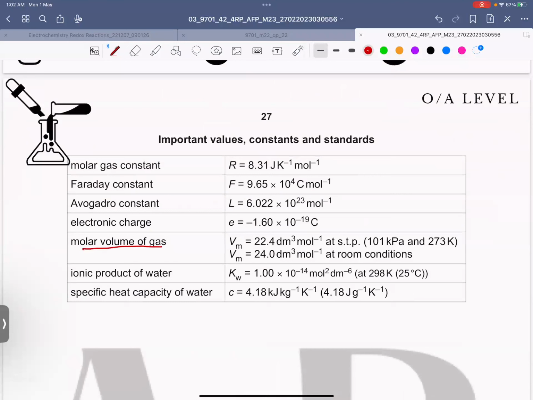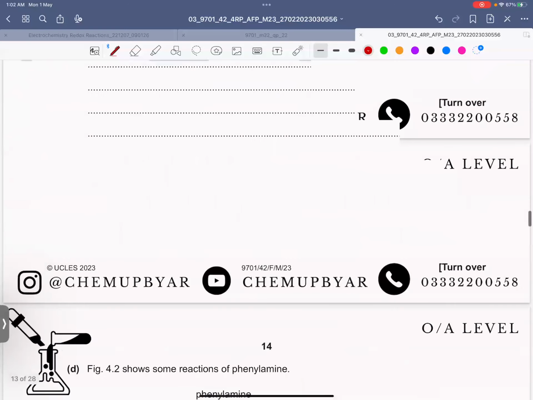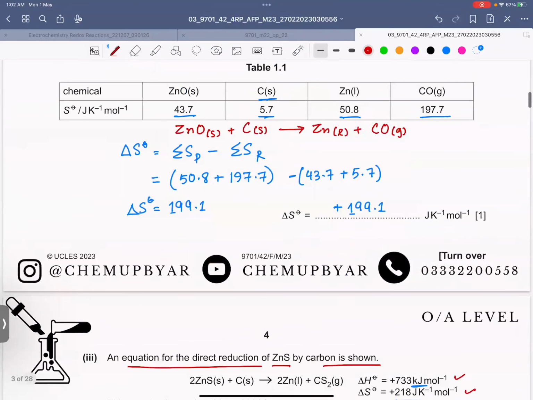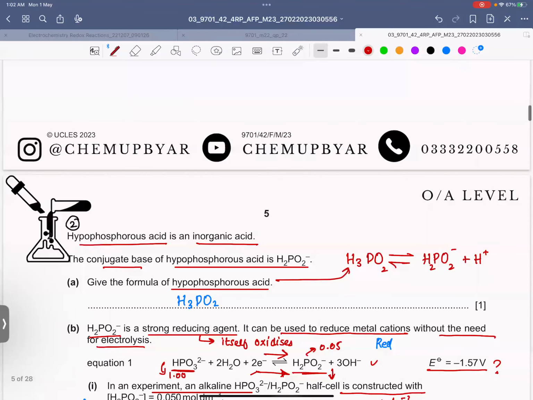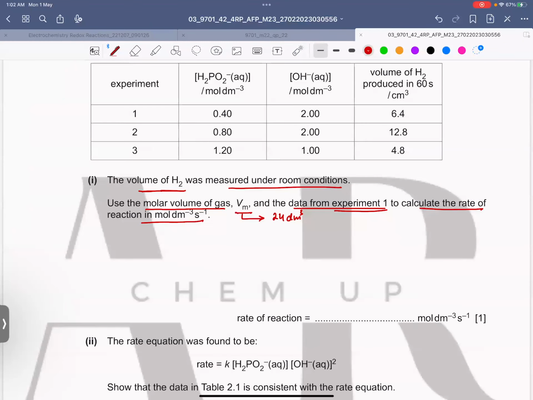Normally we use it as 24 decimeter cube per mole. So it suggests to us that it is 24 dm cube per mole, right?